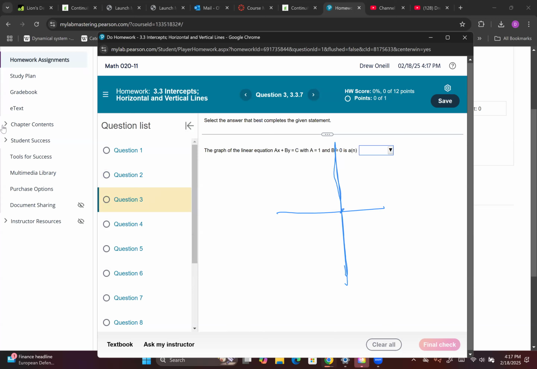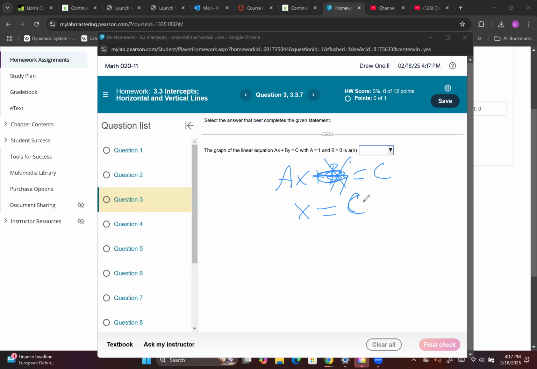Okay. So in this question, we have an equation ax plus by equals c. If a was 1, then we'd have x. If b was 0, this goes away. We have x equals c. We don't need the plus, there's nothing here to add.